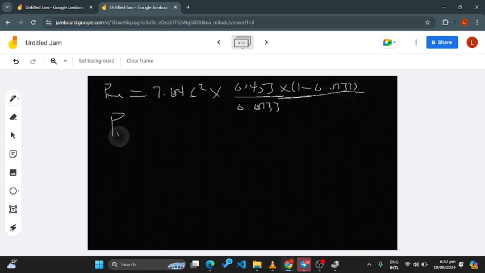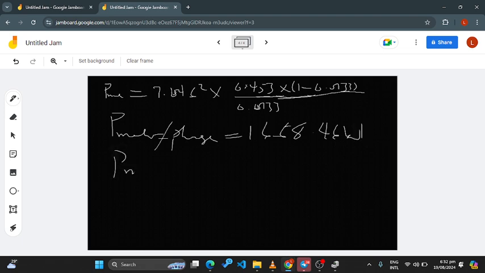So what is P make? Remember, the power here is per phase. The P make here is per phase. So whatever answer we get, that is 1668.46 watts. Multiply that by 3, that will give you the total mechanical power.